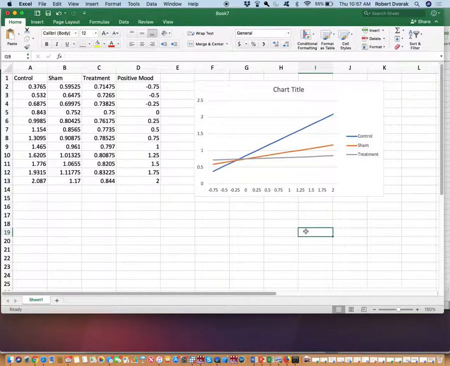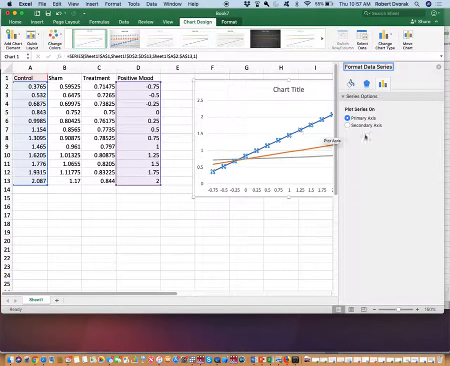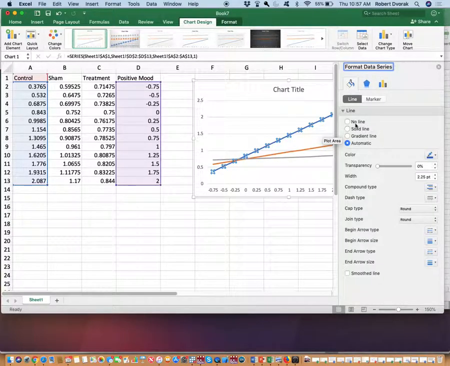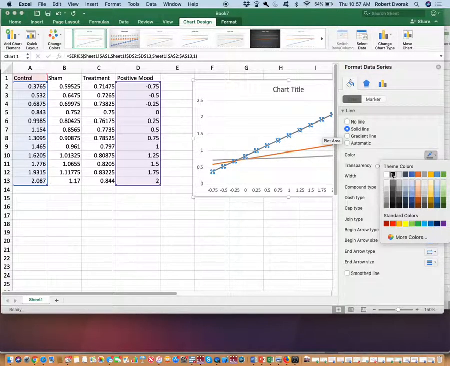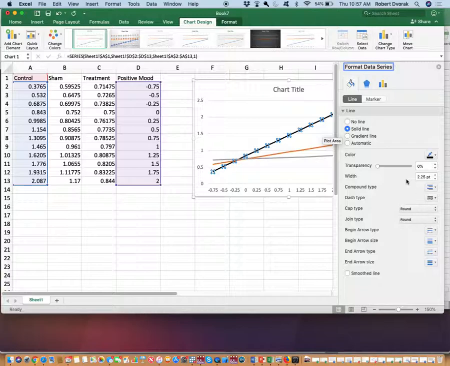Just a note on APA style, if you were to try and put this into APA style, I would do something like this. I would make this a solid line that is black, and that is the control, right?